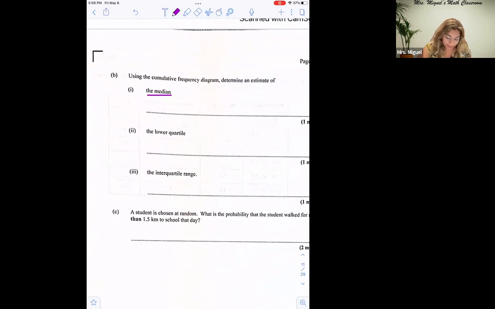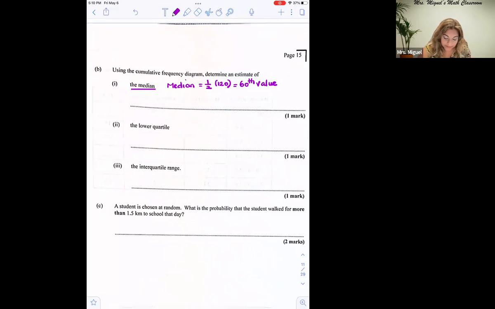So the median is a half of 120. The median is the 60th value. The median is not 60. Notice this is 1 mark. If you put that the median is 60, you would get it wrong. So the median is the 60th value, right?